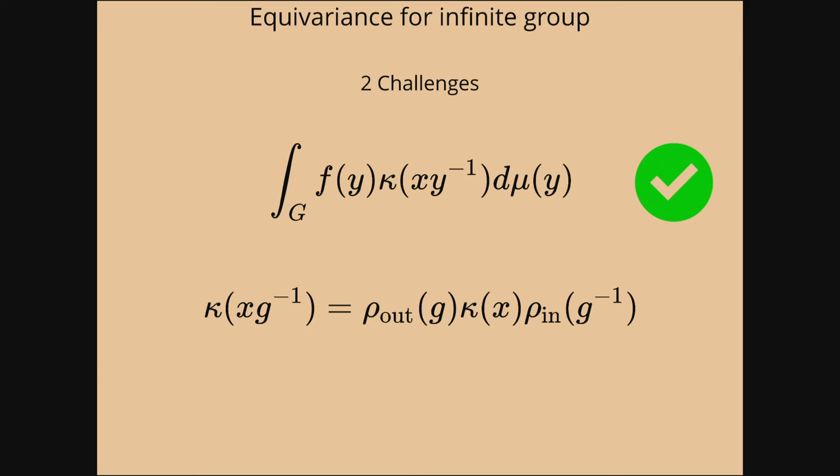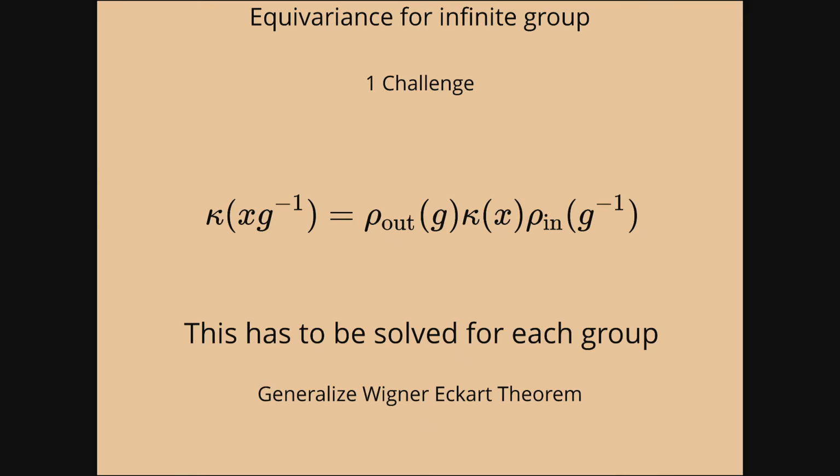And what is left for us to do is to compute this. As you probably have noticed, the first challenge is mathematically quite involved. The second one is too involved for this talk. There is actually a paper called the generalized Wigner-Eckart theorem, which solves this problem for a very general number of groups.